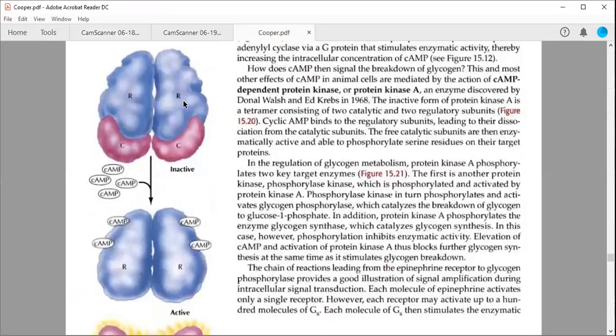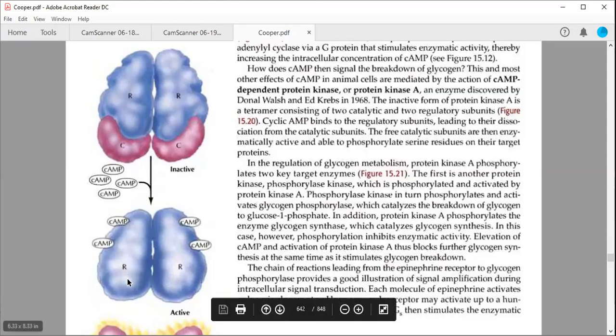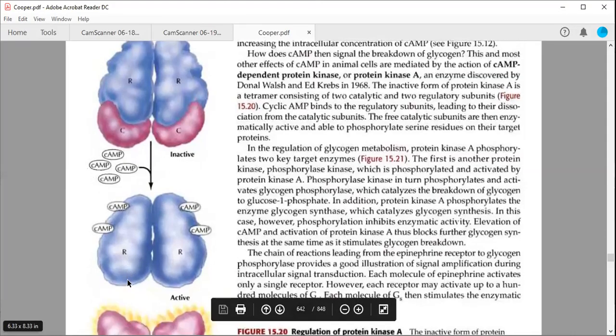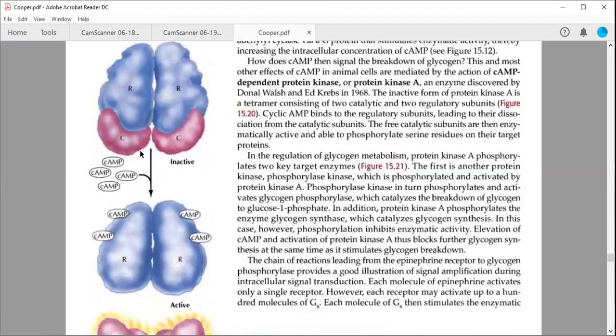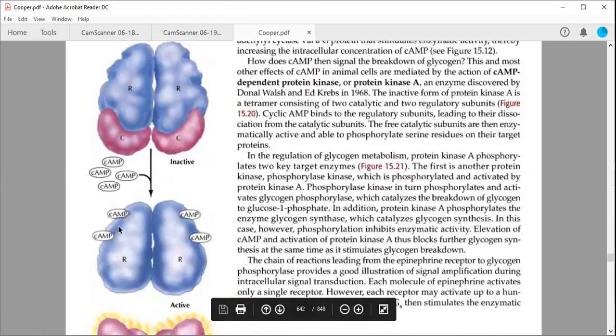These regulatory subunits are large, catalytic subunits are small, but it is made up of four subunits. Sorry, it will phosphorylate some target proteins, not this particular protein. It will be activated with the help of cyclic AMP, which is being produced as a secondary messenger. The cyclic AMP will come and has four binding sites over the two regulatory subunits.